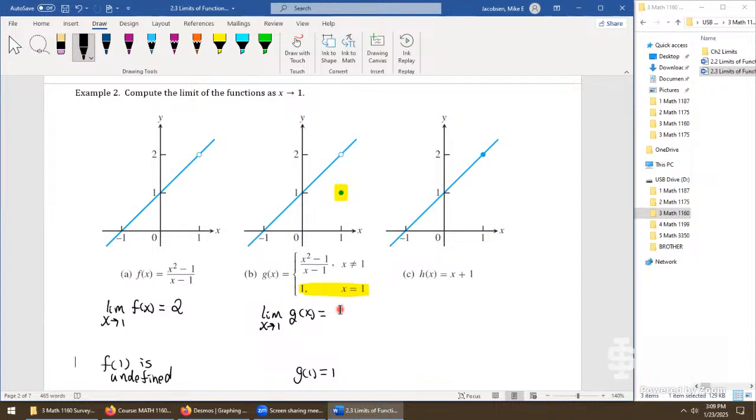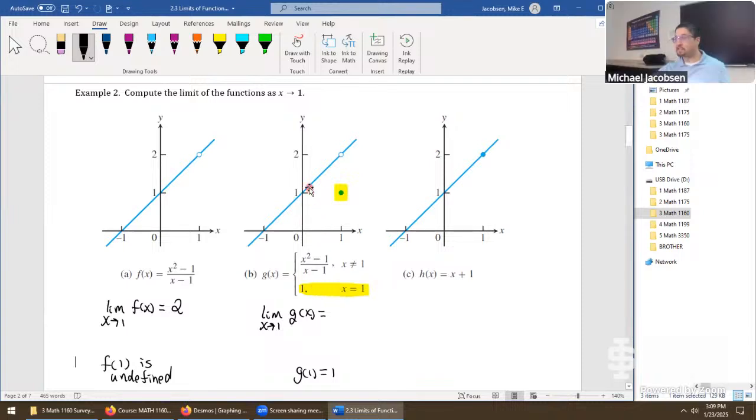Yeah, good call on that one. Just like before, if x gets closer and closer to 1, the second coordinates are always getting closer to 2. It doesn't matter which side you approach on. We're always lining up, getting closer and closer to 2 in either direction. So this one also has a limit of 2. And again, the idea here is whether the function is undefined or defined, totally irrelevant. The limit is still just 2.